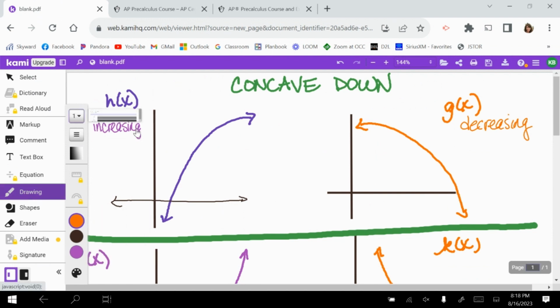So what I'm going to draw right now is a couple of slopes of a tangent line that might be intersecting with h of x in just a few spots here.